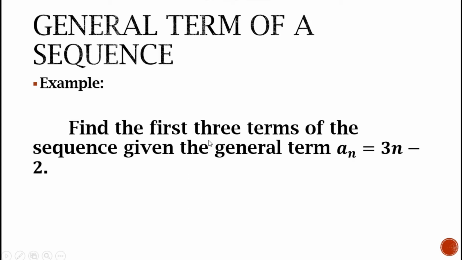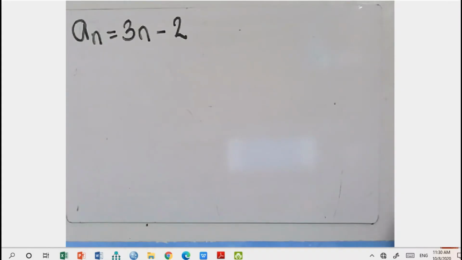Hinahanap natin ang first three terms. So kanina, we did discuss what is a term. The term is a sub 1, 2, 3, 4, and 5. So let me show you how to find the first three terms of the given sequence.